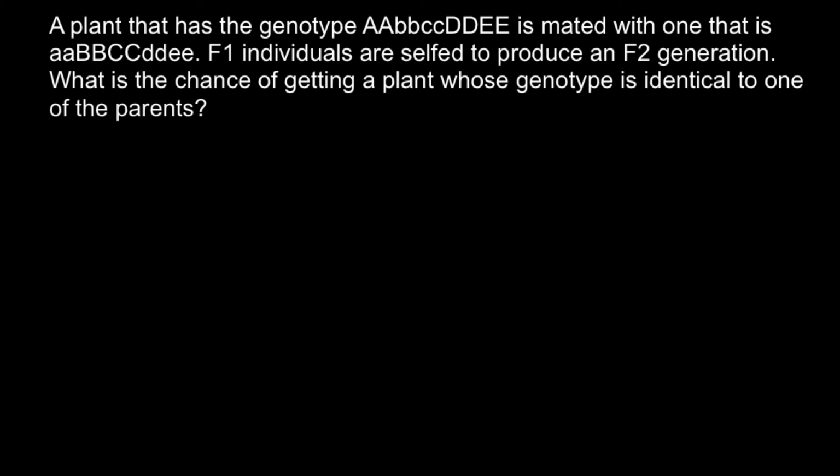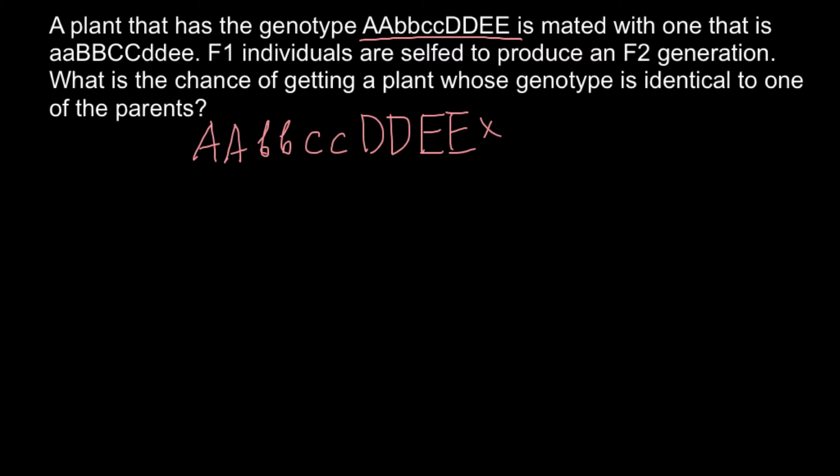So the parent 1 genotype is here. This is capital A, small b, small c, capital D, and capital E. And we have to cross it with the genotype of the second parent, and this is going to be small a, capital B, capital C, small d, and small e.